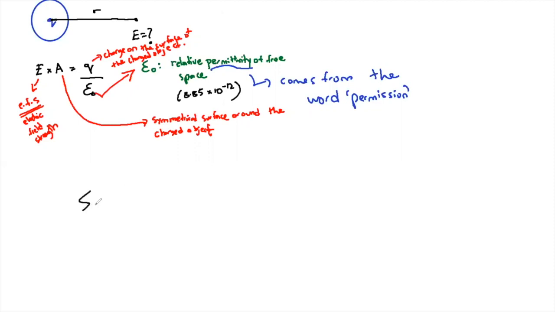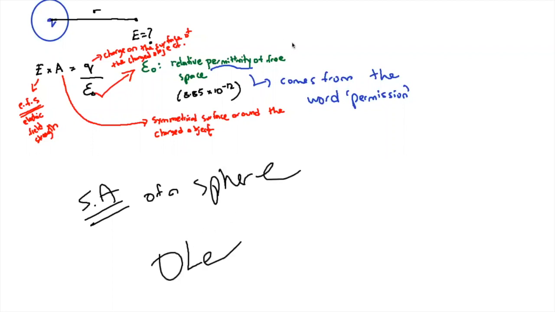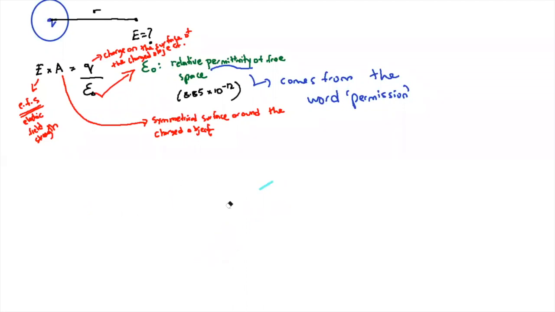Come on, guys. Surface area of a sphere. Basic math, O level. Exactly, 4 pi r squared. Good job. So if I want to write the area, I'm going to write 4 pi r squared. So it's going to be E times 4 pi r squared is equal to Q divided by E naught.